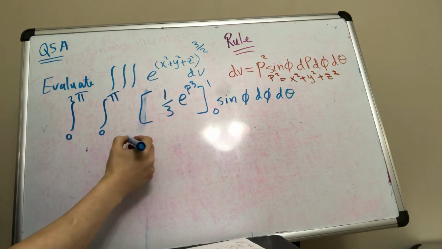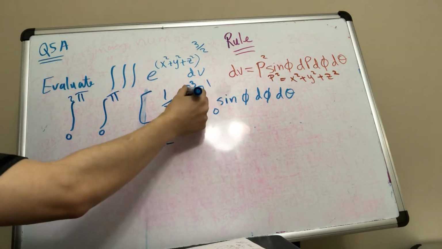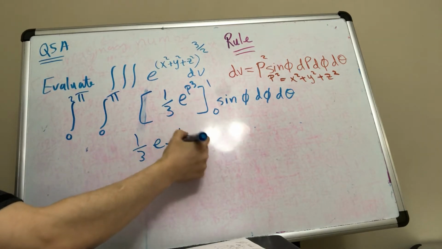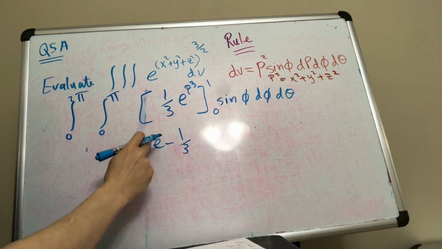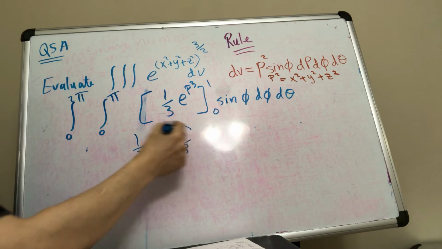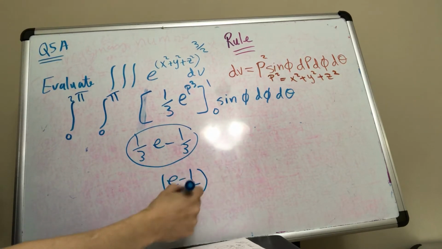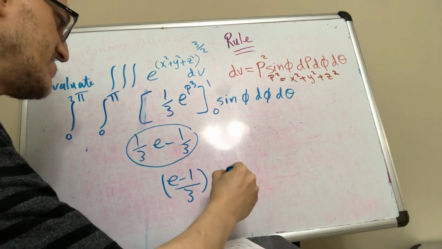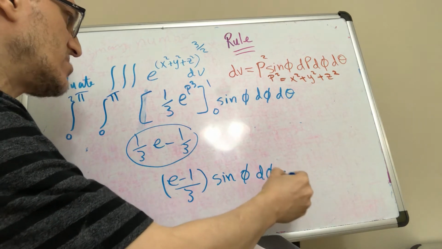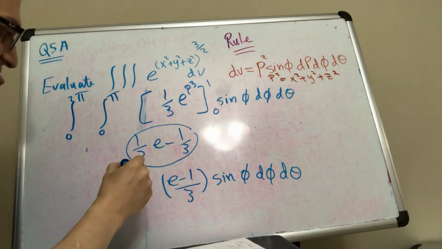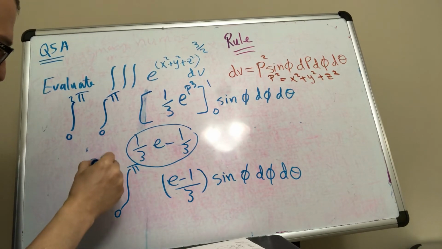Plug in 1, you have 1/3 e to the 1; plug in 0, e to the 0 is 1, so 1/3. So the answer would be e minus 1 over 3, basically. So it would be e minus 1 over 3 sine angle 1, d angle 1, d theta, and you still have 0 to pi, 0 to 2 pi.